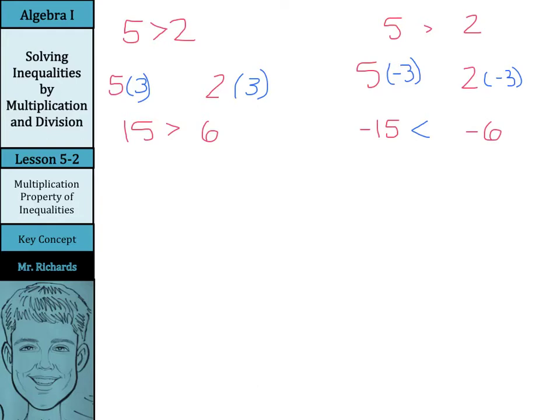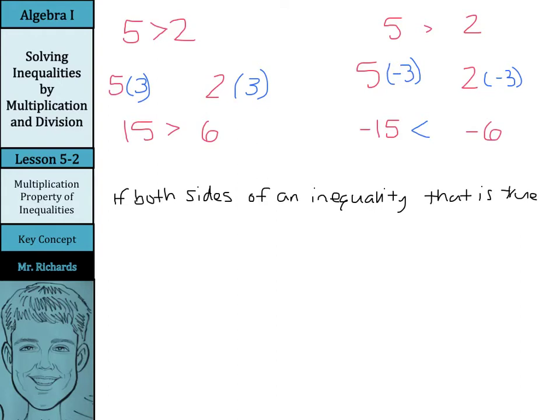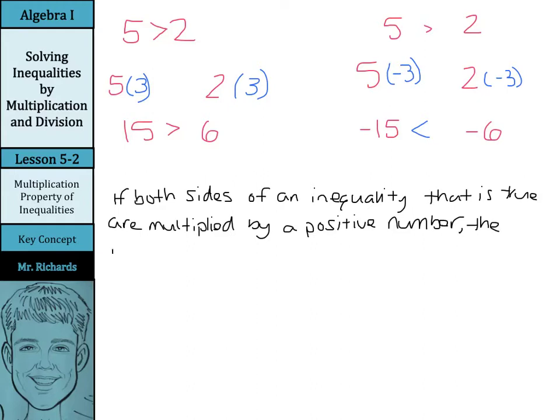This states if both sides of an inequality that is true, 5 is greater than 2 is true, are multiplied by a positive number, the resulting inequality is also true.